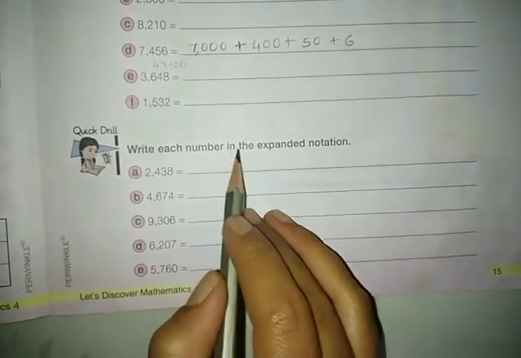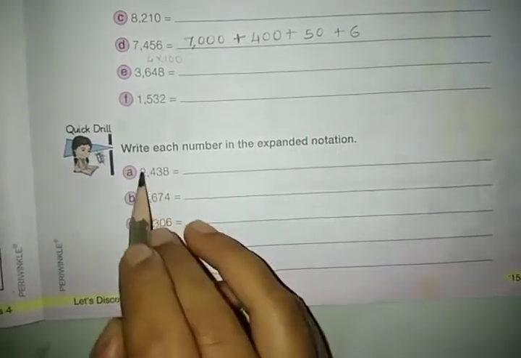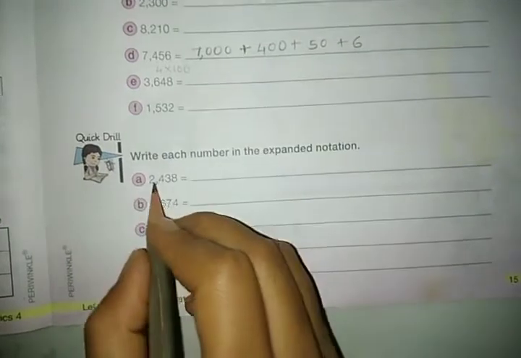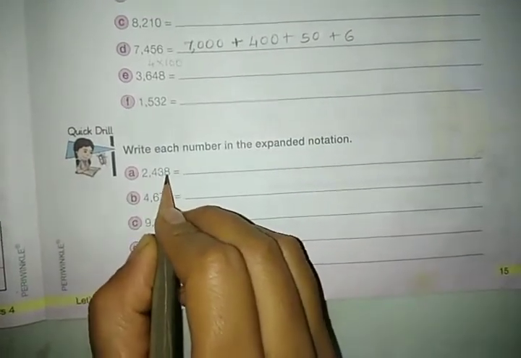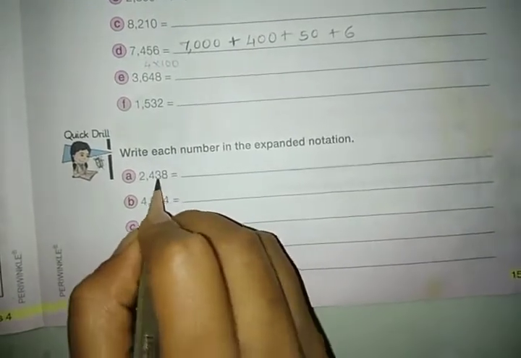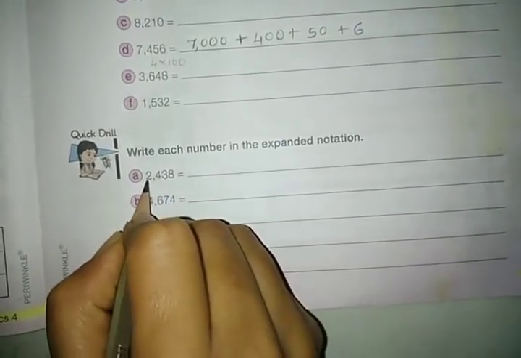Write each number in the expanded notation. Here also we need to write the 4-digit numbers in the expanded form. See first example, 2438. Here 8 is in ones place, 3 is in tens place, 4 is in hundred place, and this 2 is in thousand place.